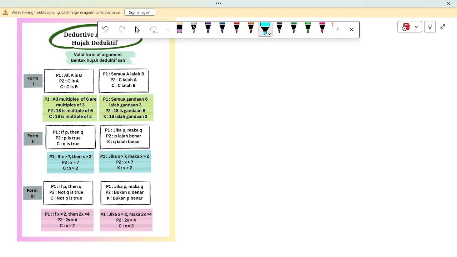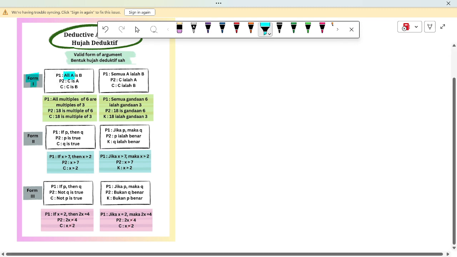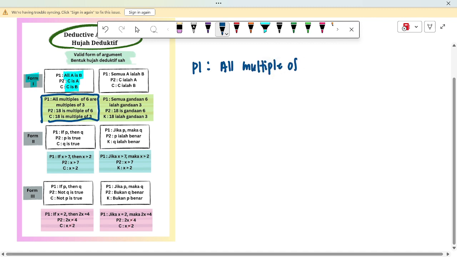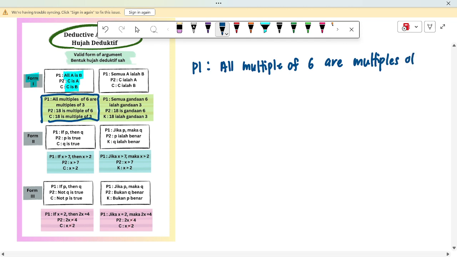Let's see the first form. The first form states that all A is B, C is A, so C is B. Let's directly take this example. P1: all multiples of 6 are multiples of 3.